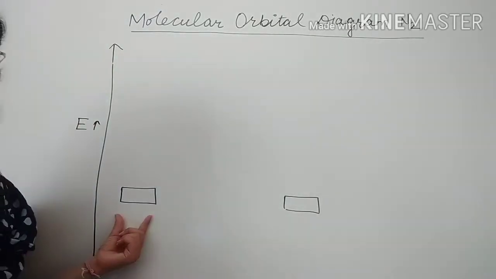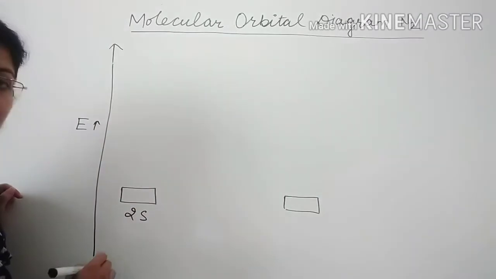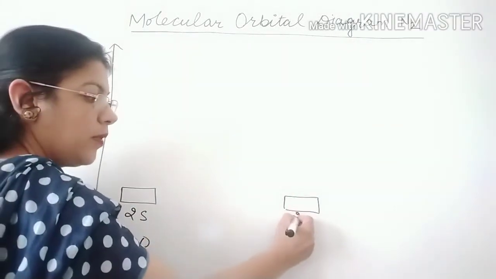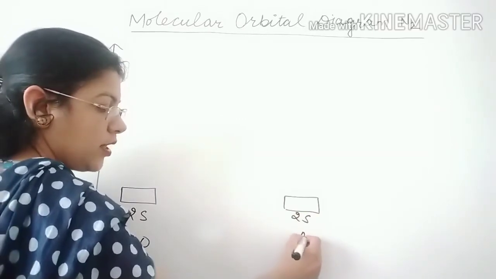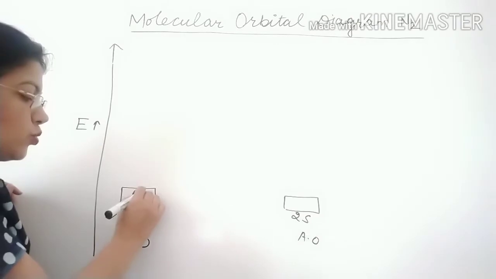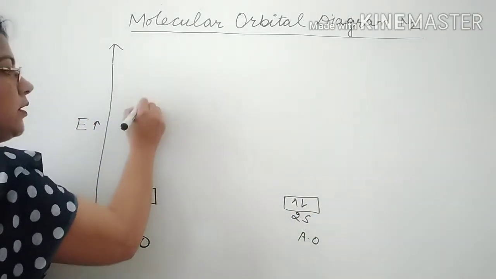This is the 2s orbital of one nitrogen atom, and this is the 2s orbital of the other nitrogen atom. Its electronic configuration is 2s2 2p3.